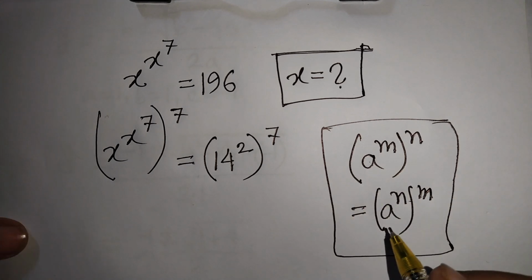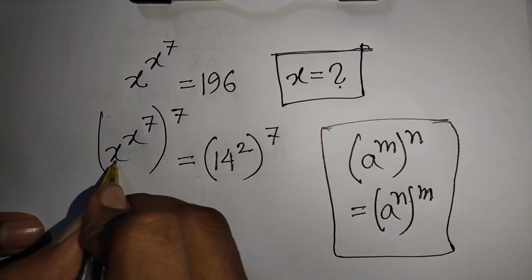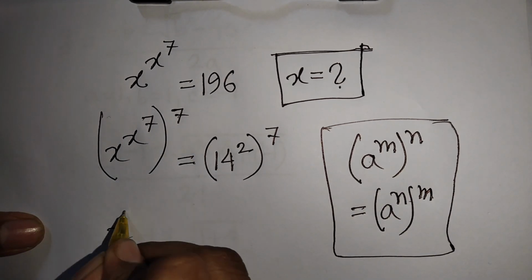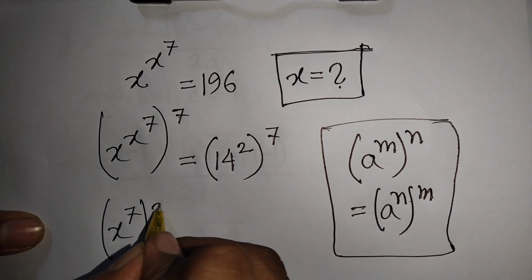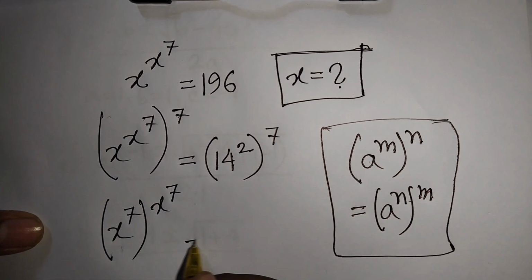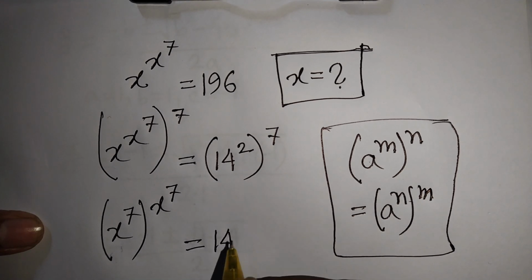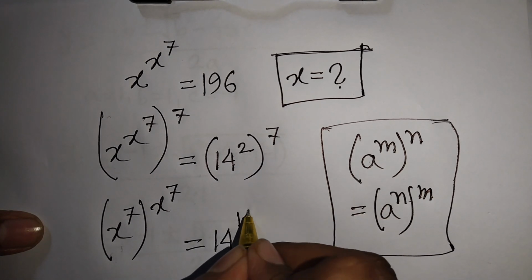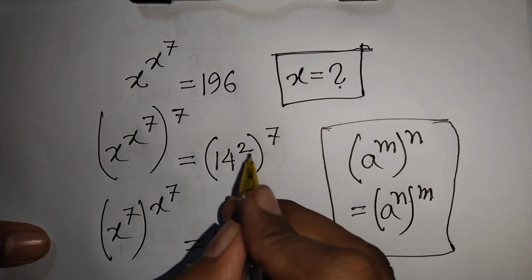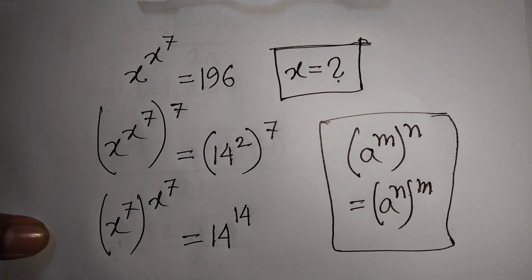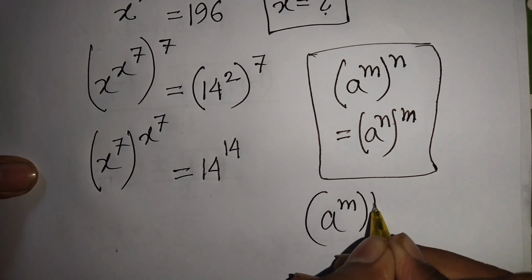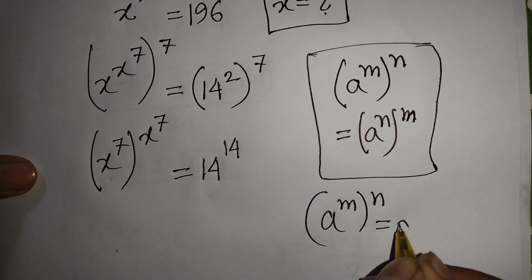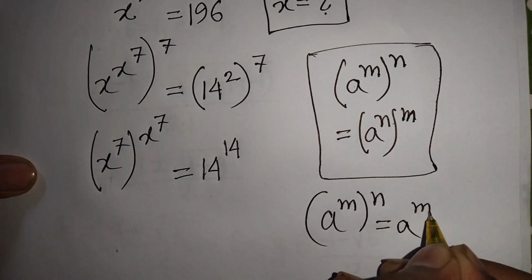So according to this rule, we can compare here. It will be (x^7)^(x^7) is equal to 14^(2 times 7), that means it will be 14^14. Here we applied this formula, (a^m)^n is equal to a^(m times n), that means it will be mn.